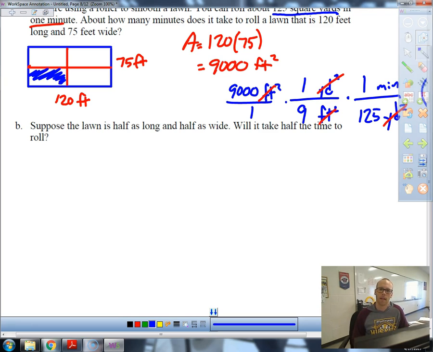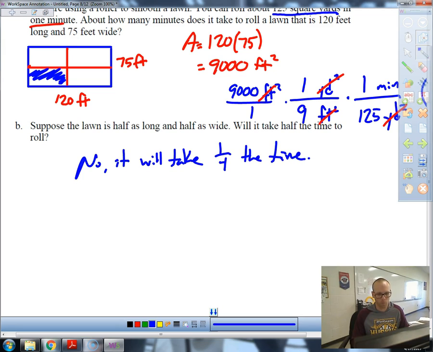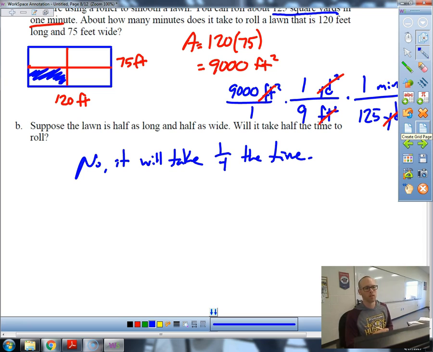So is it going to take half the time? No, it's going to take 1/4 the time. I don't even need to crunch the numbers here. Look at that visually. If I take half the length and half the width, I'm going to have 1/4 of the area left. It's only going to take 2 minutes to do that lawn.